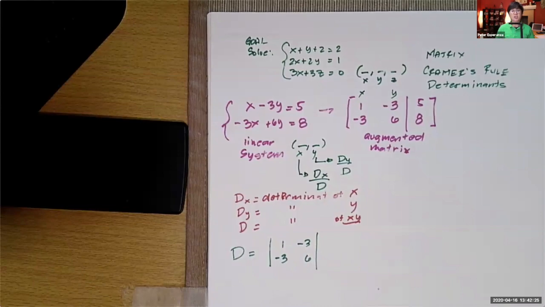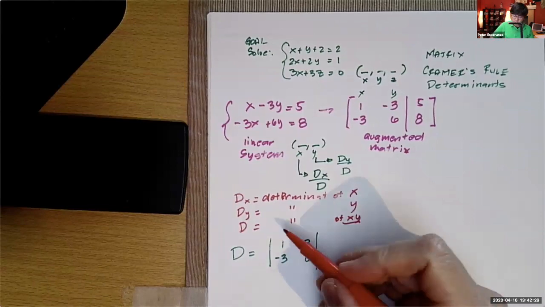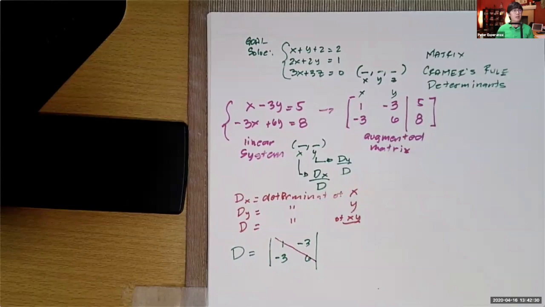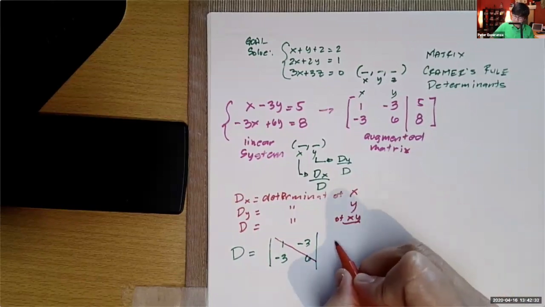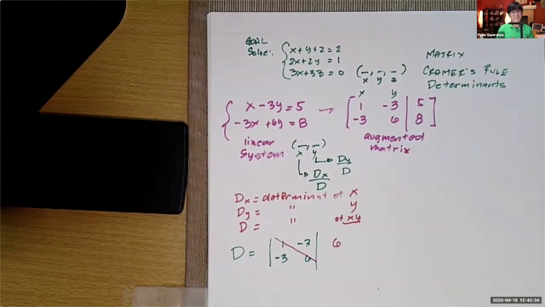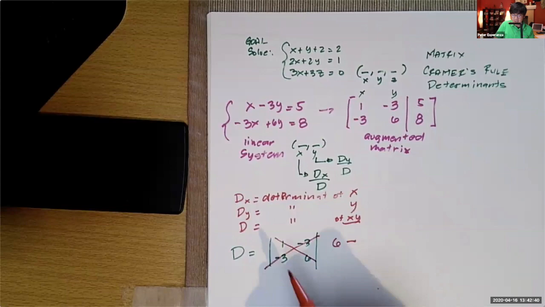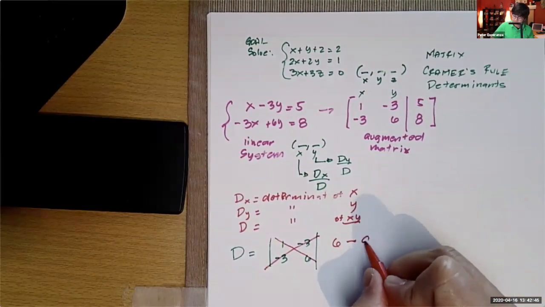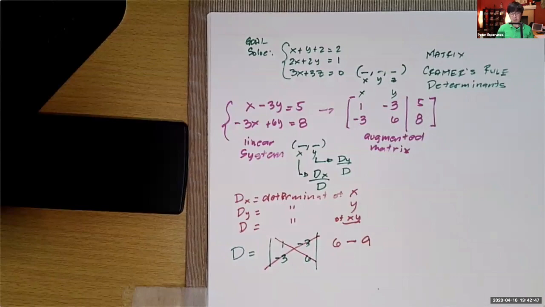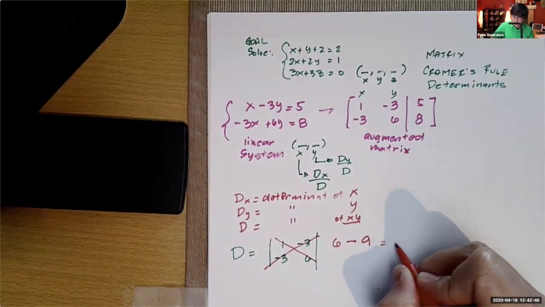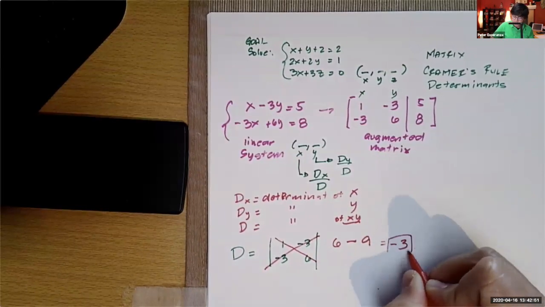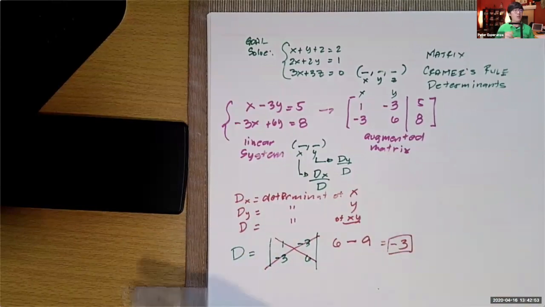We multiply the first diagonal: 1 times 6 is 6. Minus the product of the second diagonal: negative 3 times negative 3 is 9. And 6 minus 9 is negative 3. So we found our first determinant, negative 3.